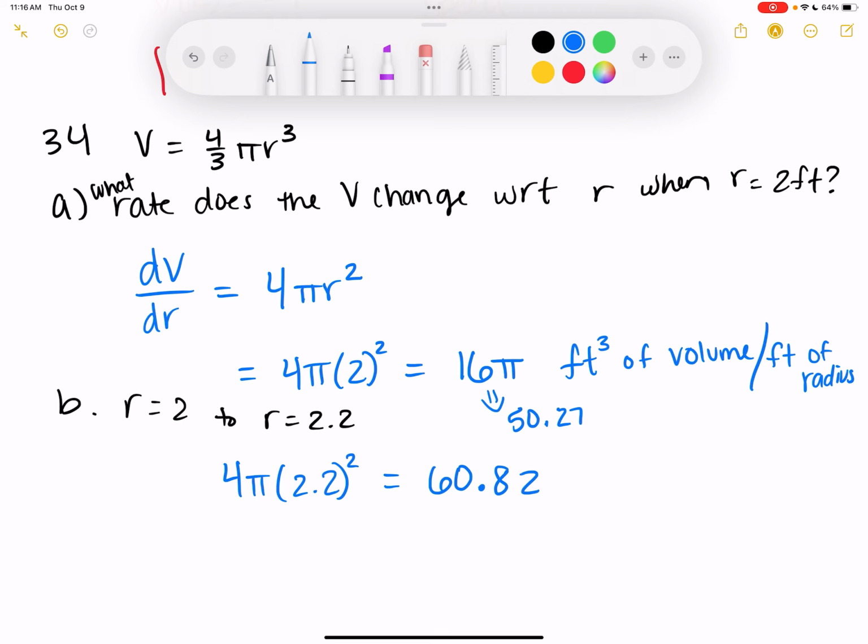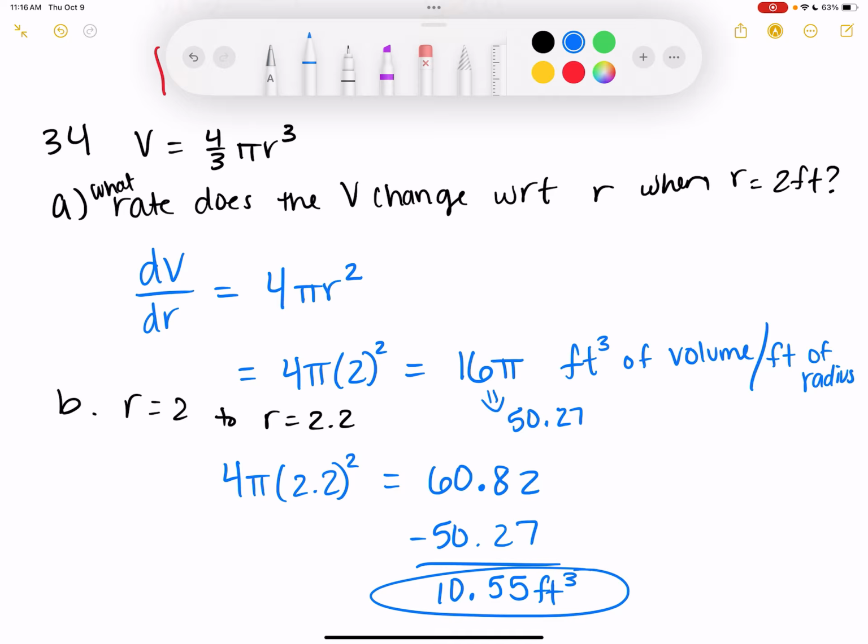So then subtract that. I get 10.55 feet cubed is the difference in the two.